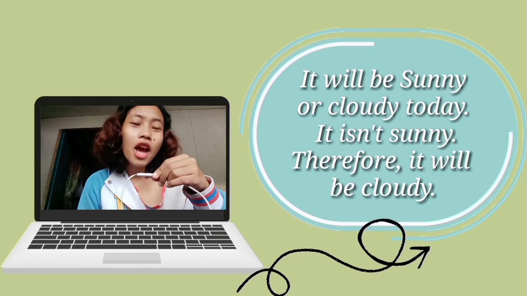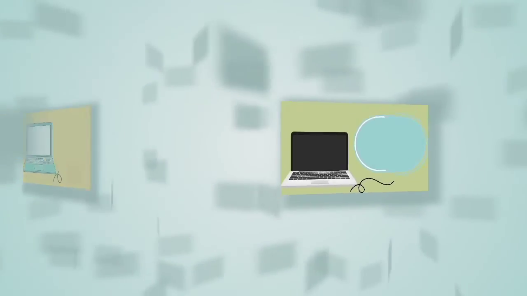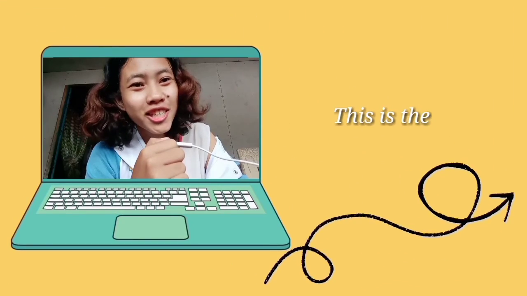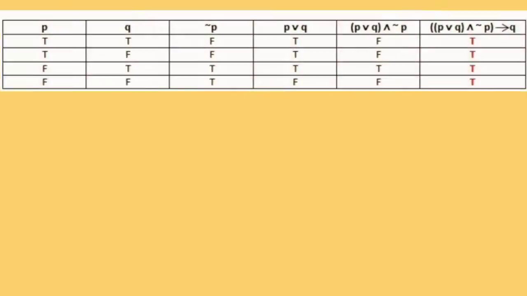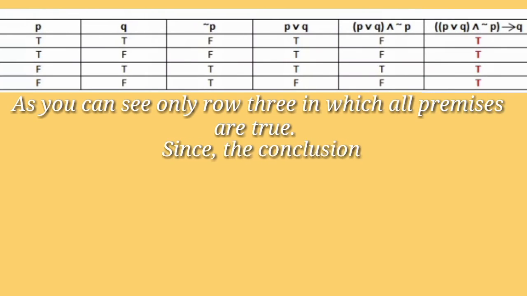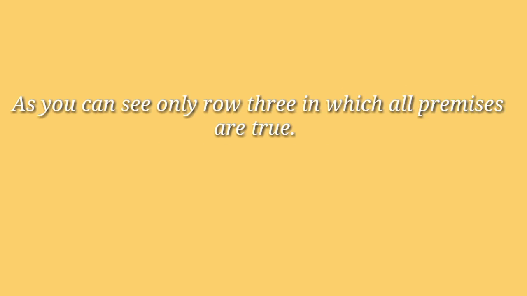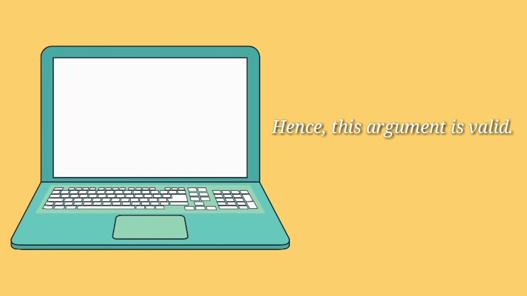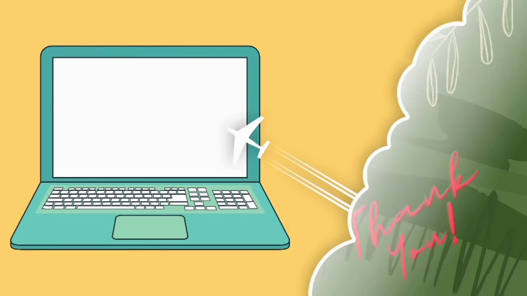It isn't sunny, therefore it will be cloudy. This is the truth table. As you can see, only row 3 has all premises true, and since the conclusion in row 3 is true, this argument is valid.